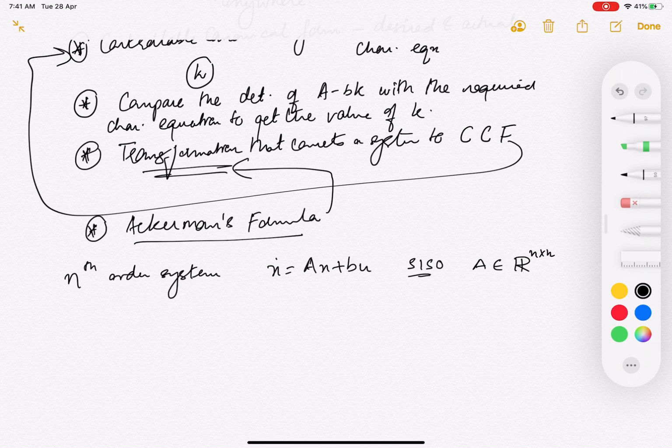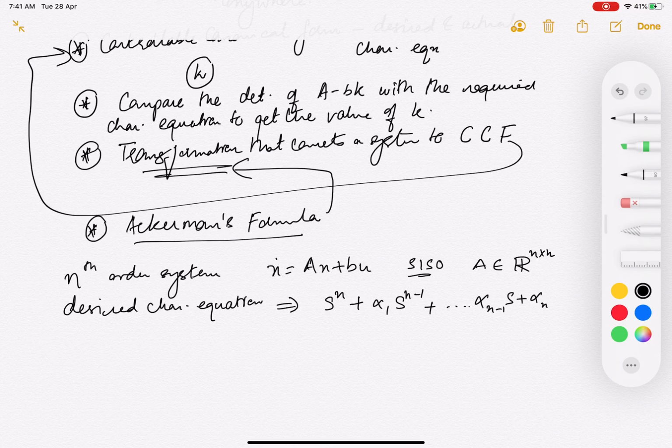and you want to control it, and you want a desired characteristic equation, in the sense you want particular places where your closed loop poles should be, and the desired characteristic equation is s to the power n plus alpha 1 s to the power n minus 1 plus and so on and so forth, alpha n minus 1 s plus alpha n is equal to 0.